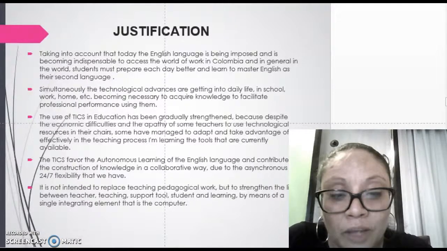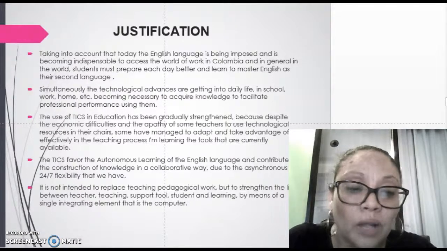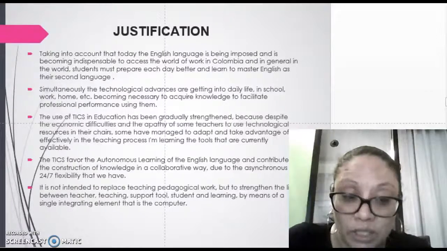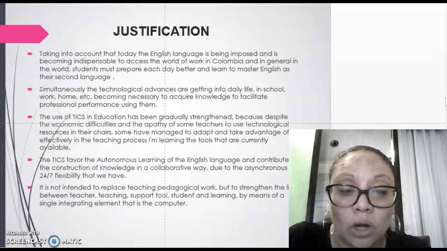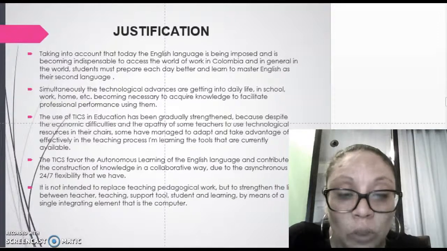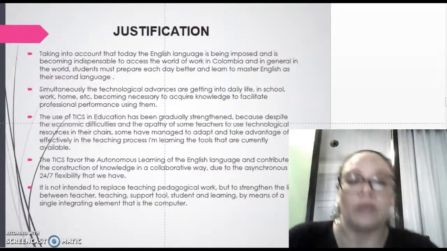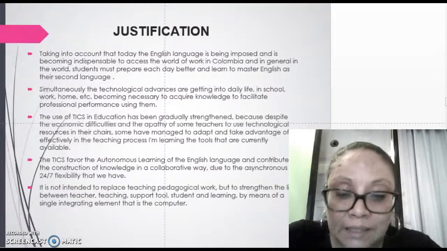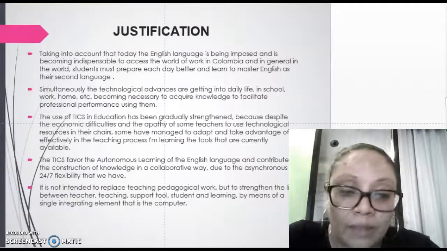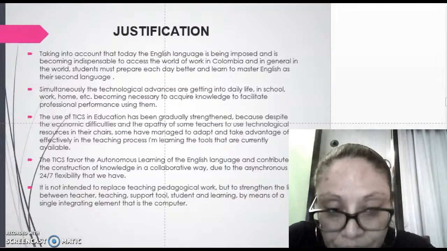The TICs favor the autonomous learning of the English language and contribute to the construction of knowledge in a collaborative way due to the asynchronous 24/7 flexibility that we have.